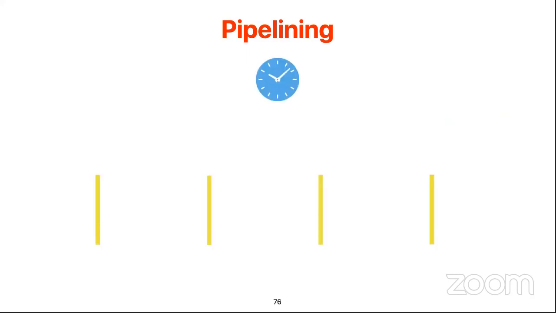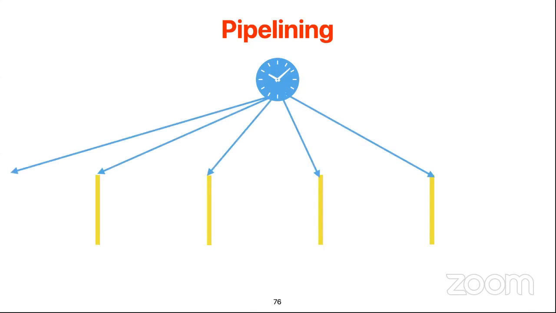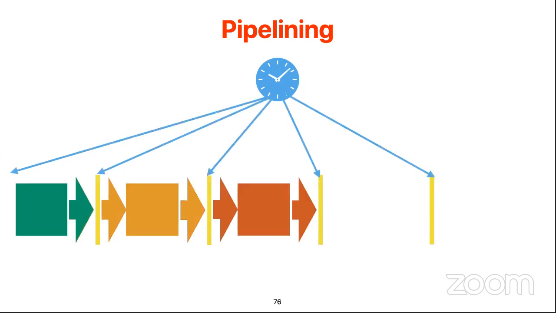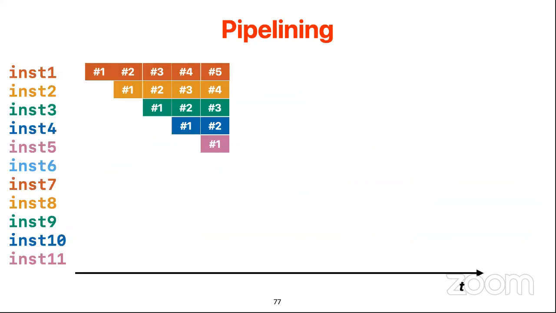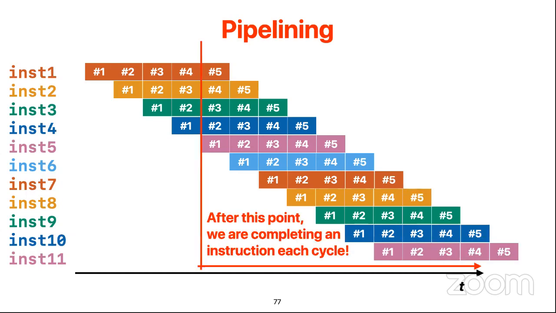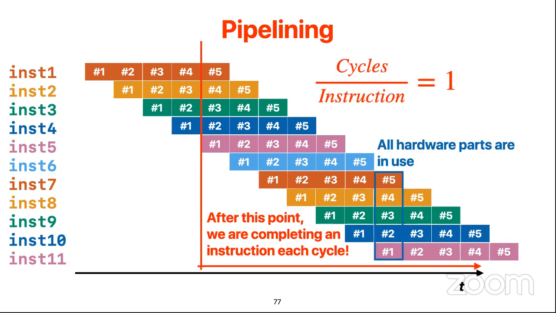So as you can see, for pipelining, your circuit is separated by pipeline registers, and each pipeline register is connected with the clock. For each clock signal, the circuit only needs to complete a stage of work for the given instruction and propagate it through the pipeline. So if your pipeline goes smoothly, what you would expect is that every cycle you would get one instruction output, and the CPI is always 1.